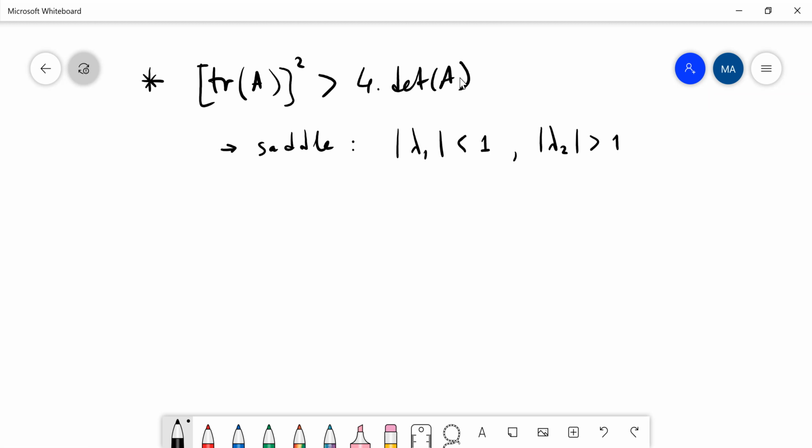So depending on the sign, of course, you can write this in this way, lambda 2 less than minus 1, or here lambda 2 greater than 1, and sorry, lambda 1 greater than 1, and lambda 2 is less than 1.